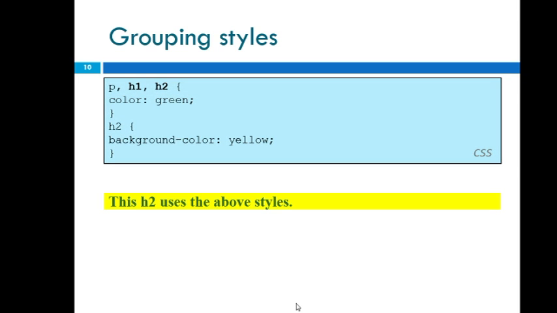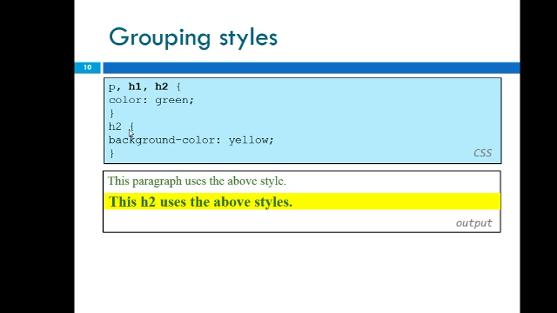And the next one is grouping style. We can group or we can combine one or more HTML elements to apply the style. Okay, as per this example, we are applying a green color to the paragraph, H1 and H2, and we are separately applying a background color only to the H2.